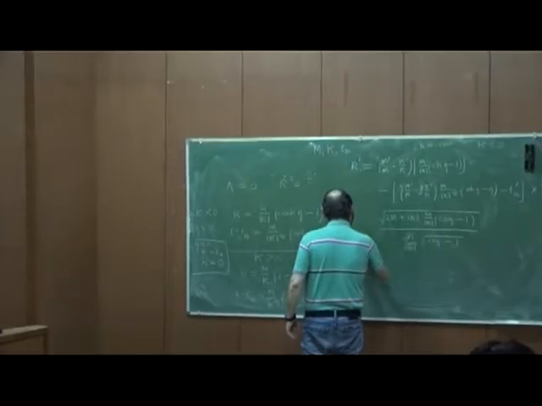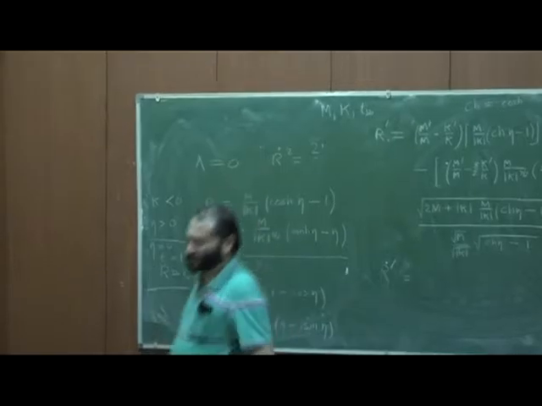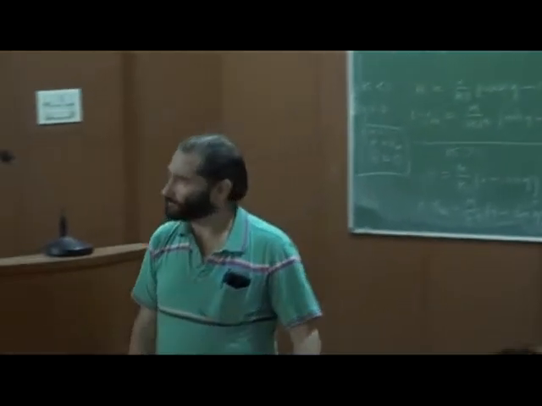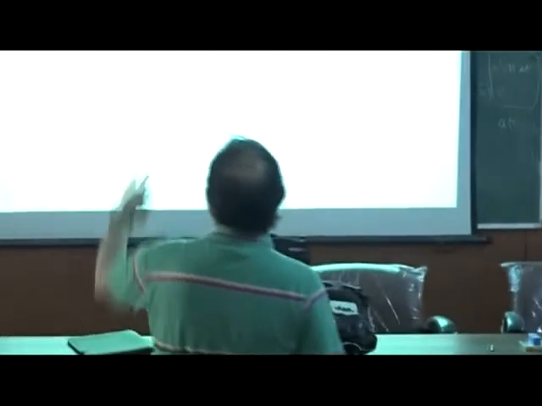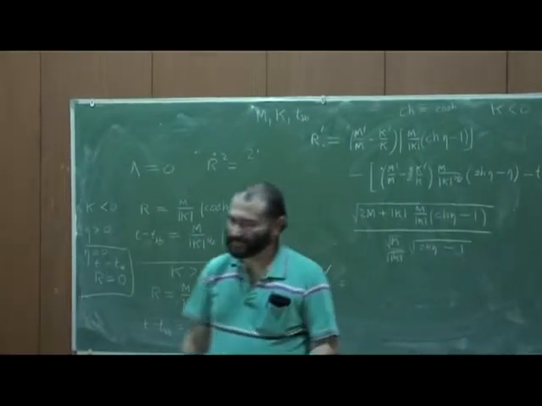So now, how do we do this one, this R prime dot? Well, the simplest way is to dot the primes; it's easier to dot the prime.